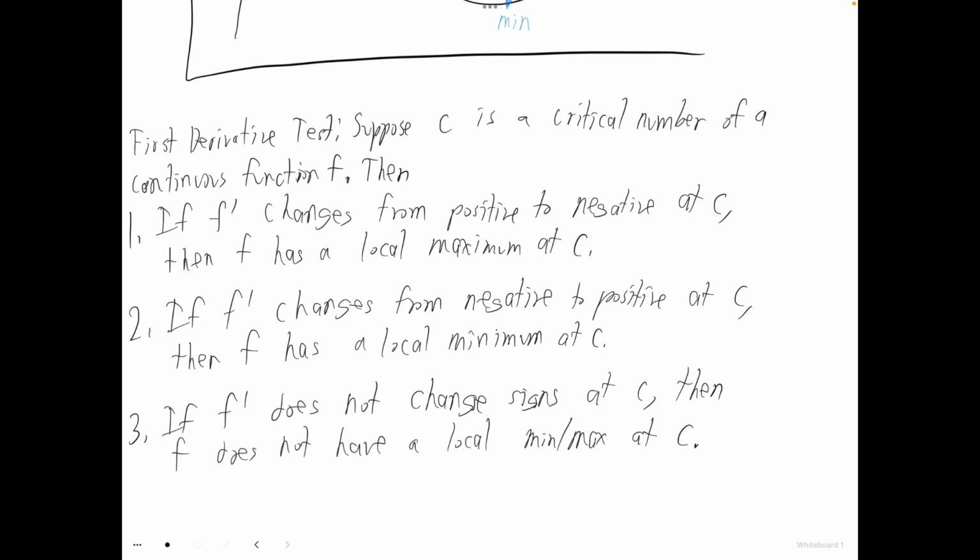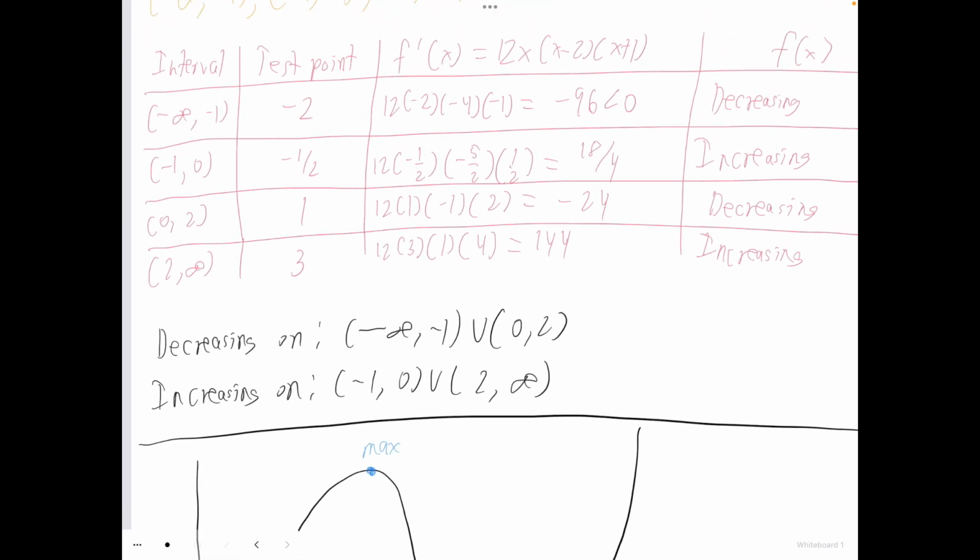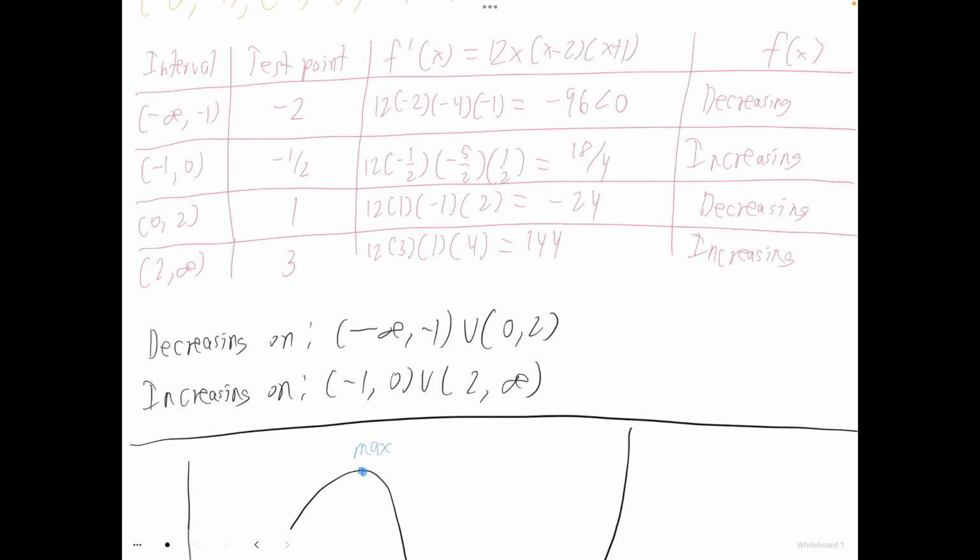Now, one thing to note here is I am saying critical point, or critical number. These include places where the derivative just does not exist. And if you have points where the derivative does not exist, those are also places where you could change from increasing to decreasing. You're not continuous, and so it's possible for the derivative to flip signs from positive to negative if it's a place where the derivative doesn't exist.